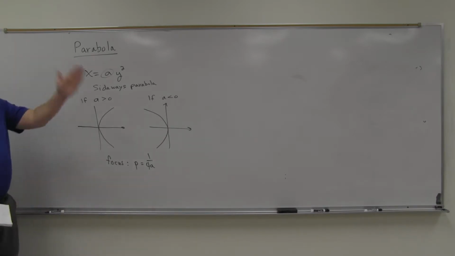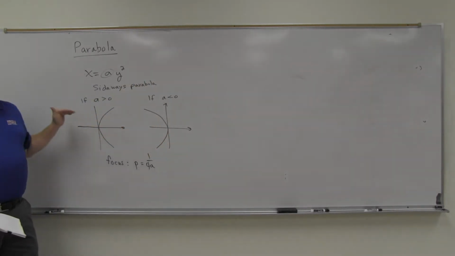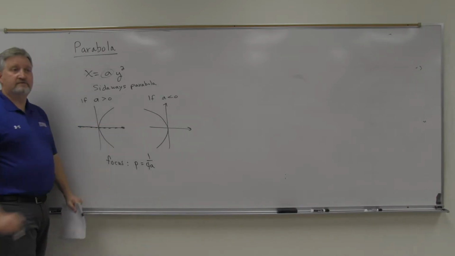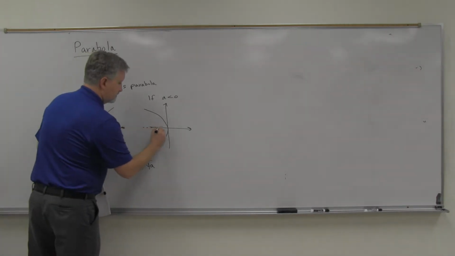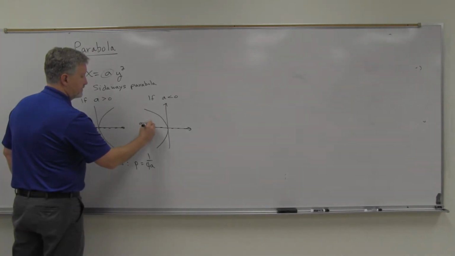For an up and down parabola, it's a vertical axis of symmetry, but on a sideways parabola, the axis of symmetry is horizontal. That's our axis of symmetry, if it's centered at 0, 0.